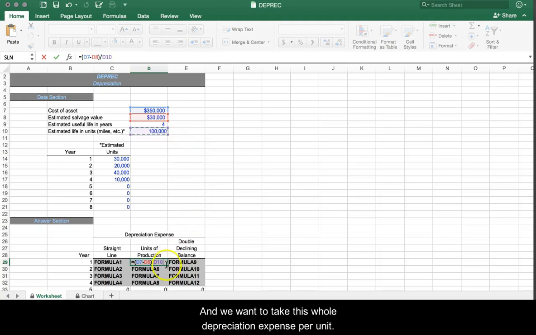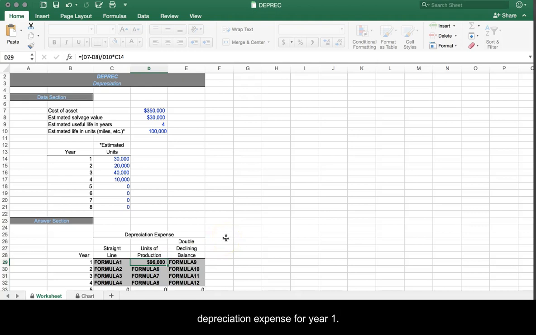And we want to take this whole depreciation expense per unit and multiply that by the estimated units spent in year 1, which is in C14, and that's 30,000 units. And that should give us the correct units of production depreciation expense for year 1.